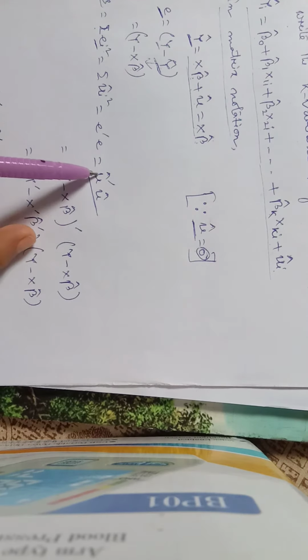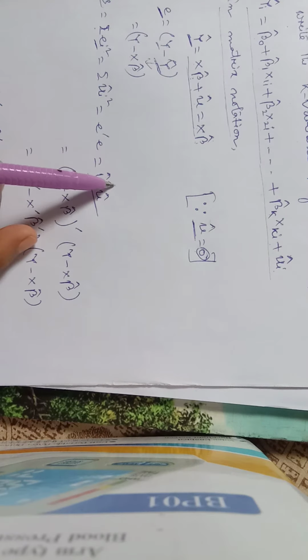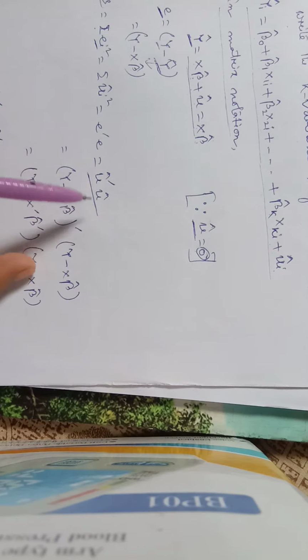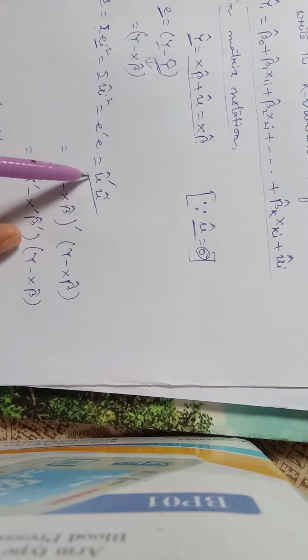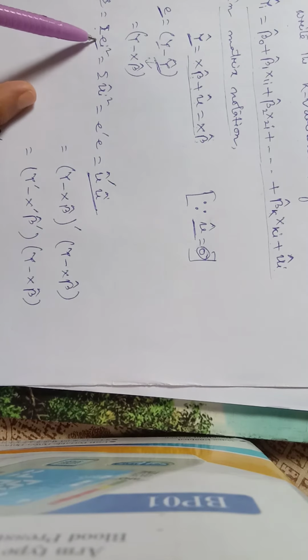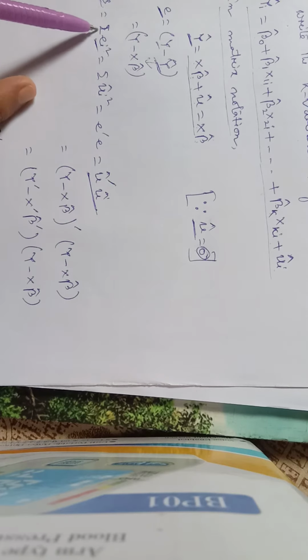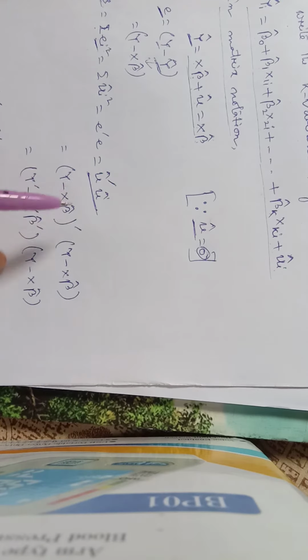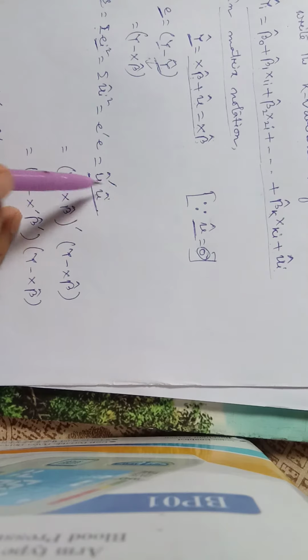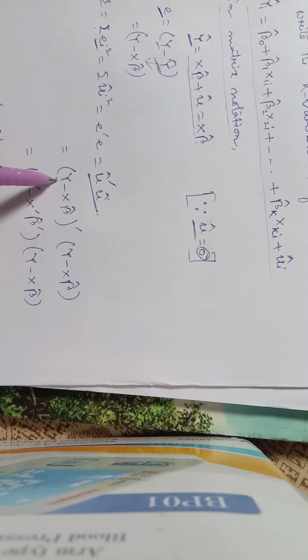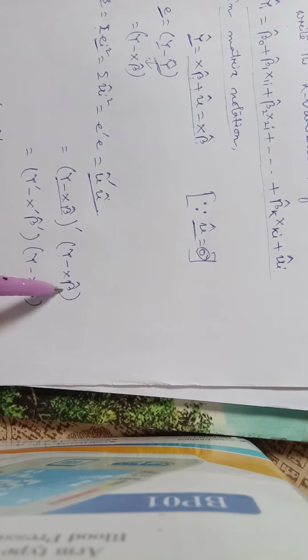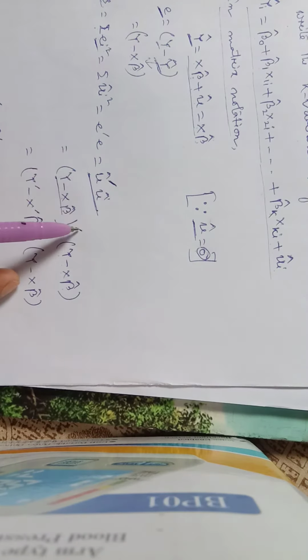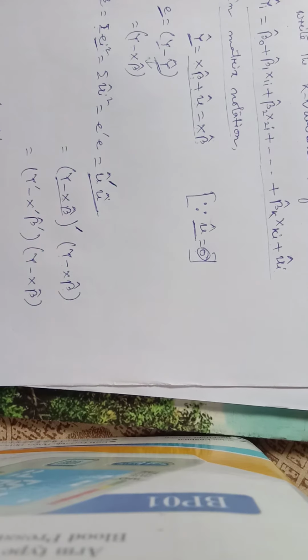So u hat transpose into u hat, or u hat into u hat transpose, represents our residual sum of squares or the summation of e_i squares. So u hat we can write in that form, y minus X beta hat, and here, as we are having the transpose, we get the transpose here.